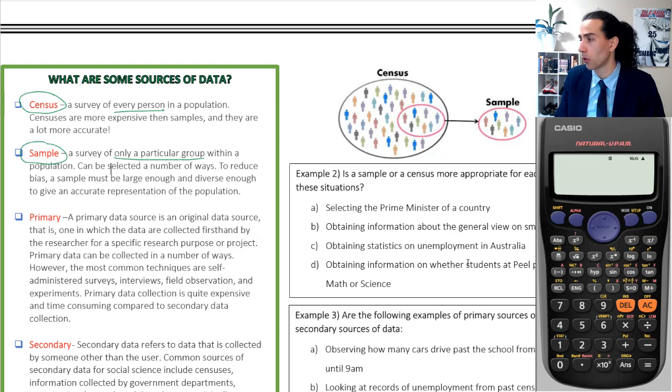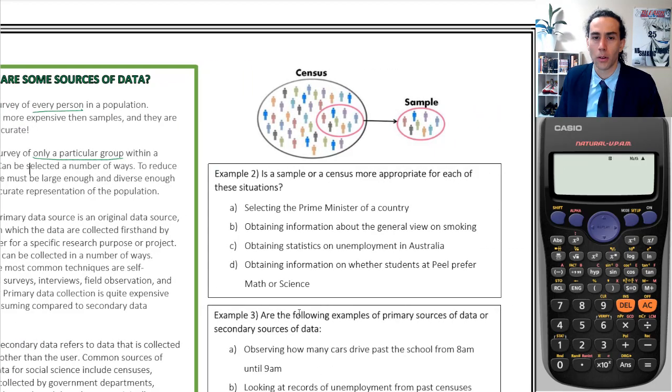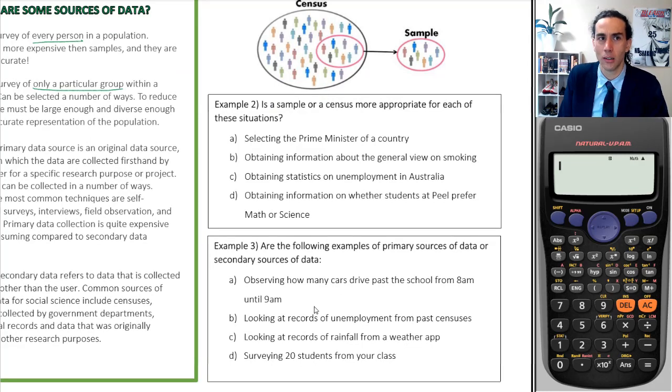So we'll go straight into example 2. We'll worry about the other stuff later. So if you're asked selecting the prime minister, do you do a sample or do you do everyone? You do everyone of voting age. General view on smoking, you don't need to ask everyone. Sample's good enough there.